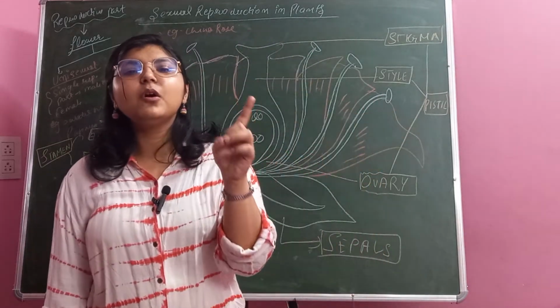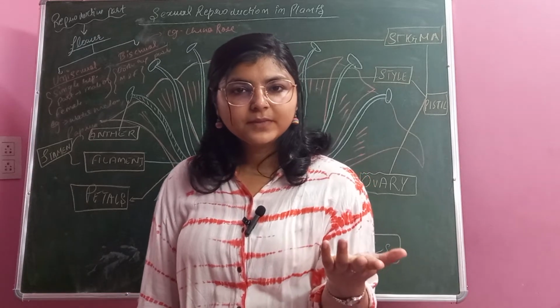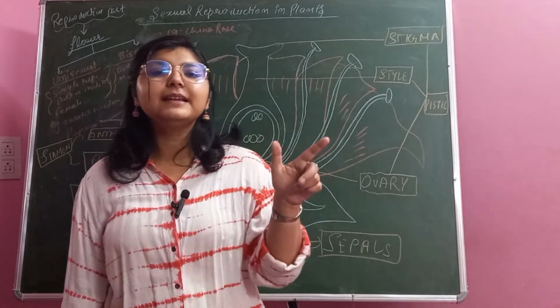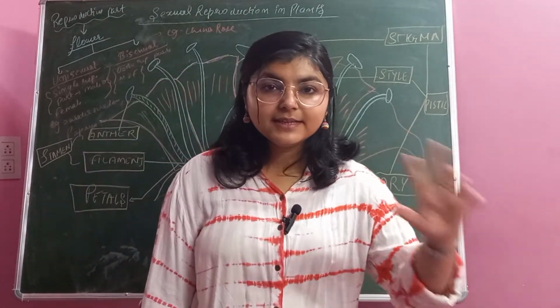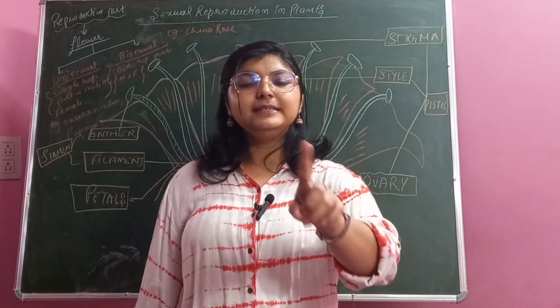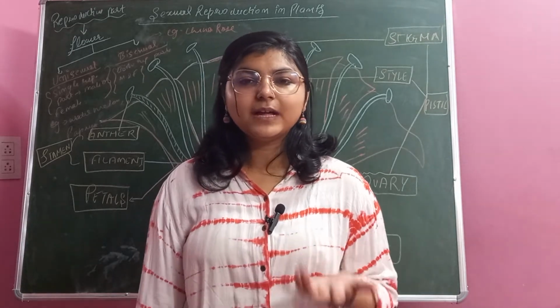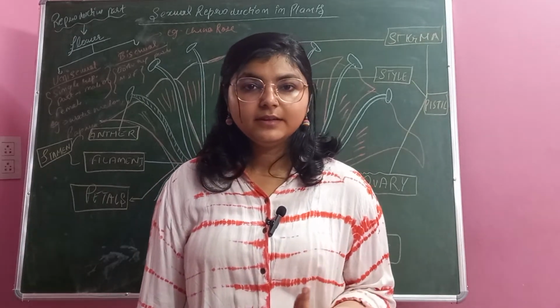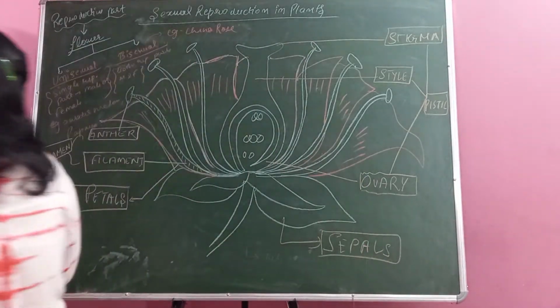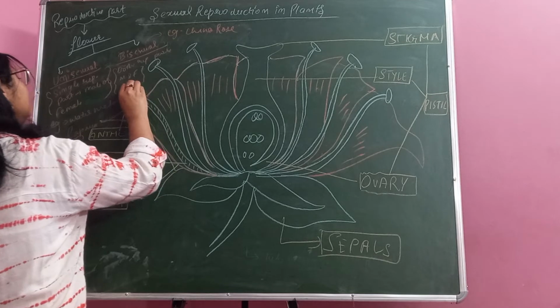What is the name of the male gamete present in humans? It is sperm. What is the name of the female gamete present in humans? It is ovum. What is the male gamete present in plants? It is pollen grains. So what happens on this stigma?